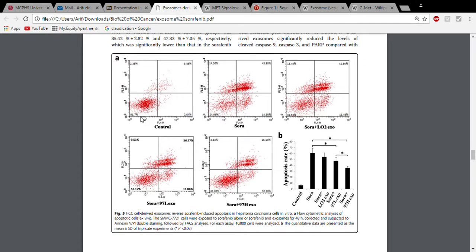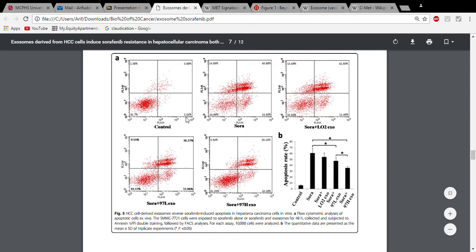The way this assay is done is with two substances. Annexin 5 binds to phosphatidylserine, which is normally on the inside of cells; however, when it appears on the outside, annexin 5 binds to it. On the bottom x-axis you can see increased annexin 5 binding, which means cells are in apoptosis, so these two quadrants show the apoptotic cells.